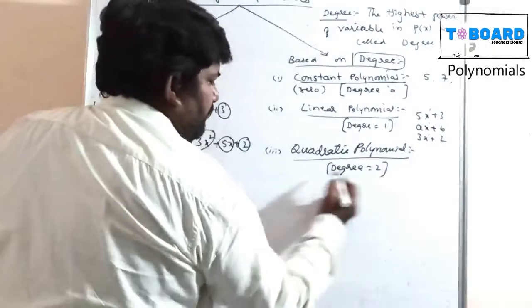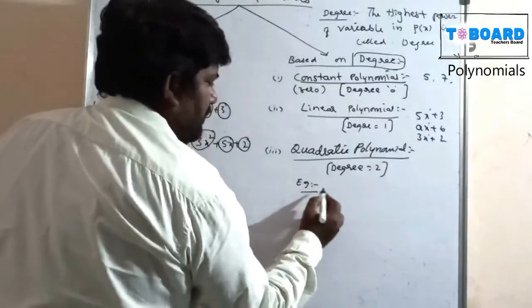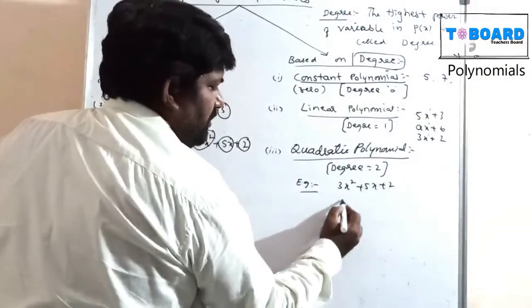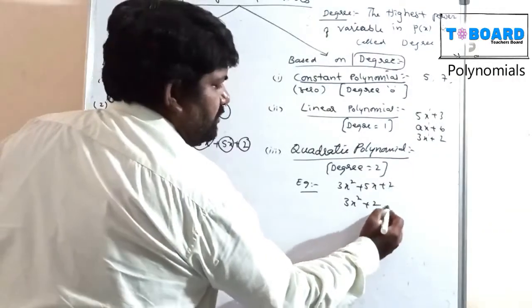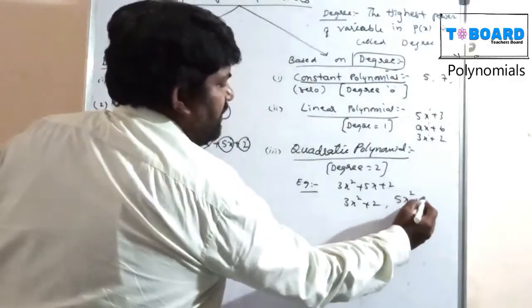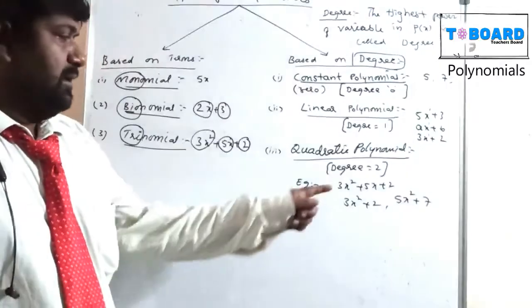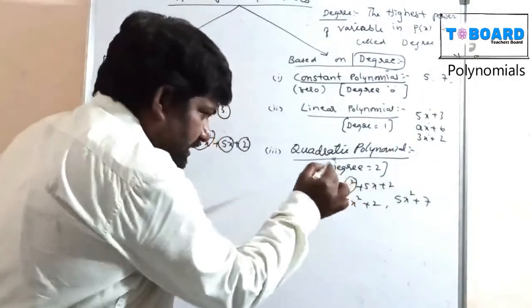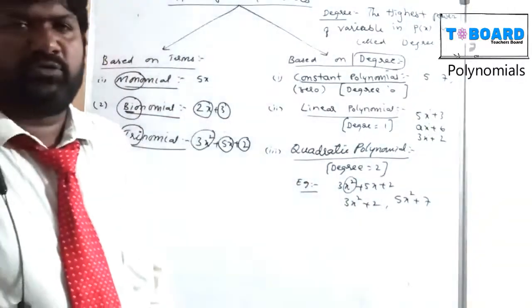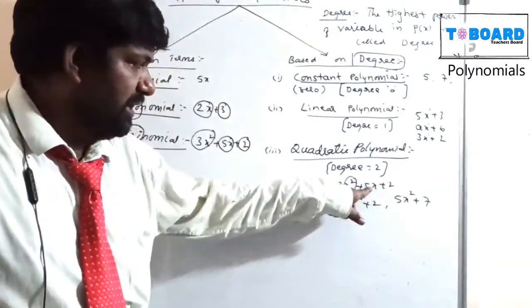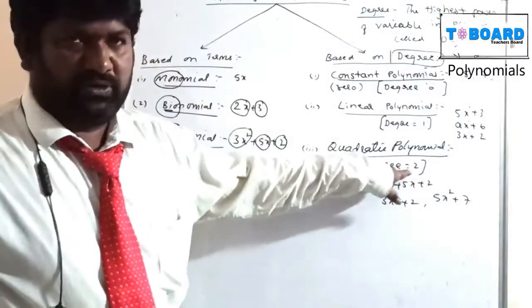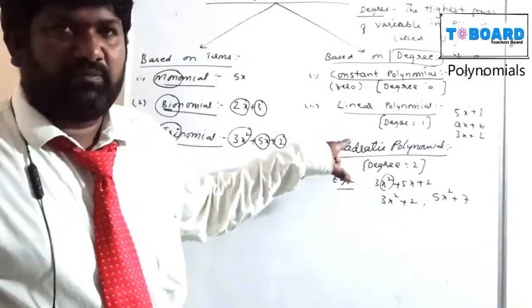Examples: 3x square plus 5x plus 2, or 3x square plus 2, or 5x square plus 7. In 3x square plus 5x plus 2, x power 2 means the highest power of x is 2, so the degree is 2. If the degree is 2, that is a quadratic polynomial.